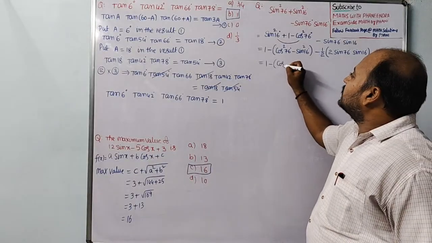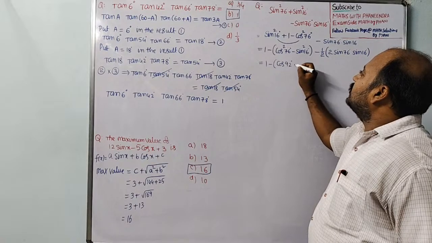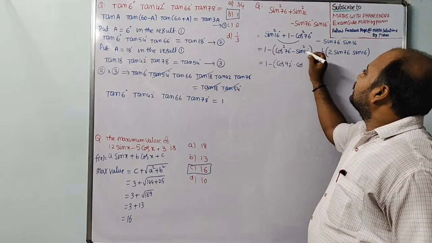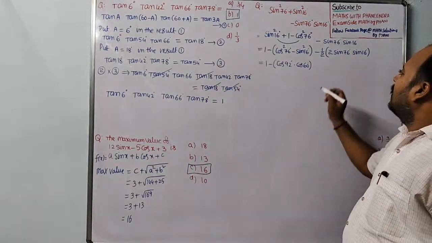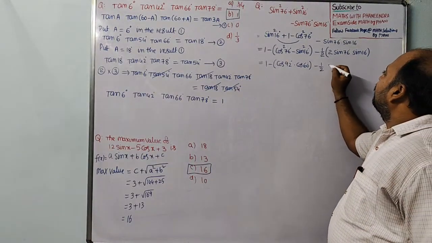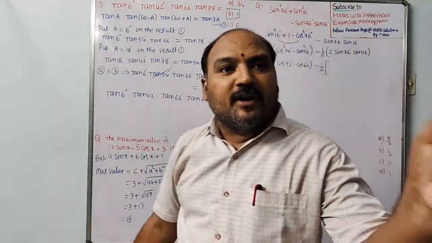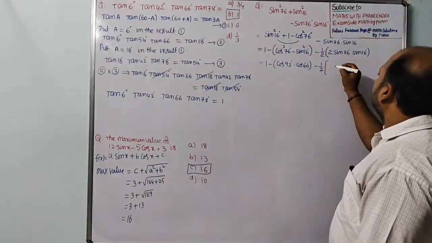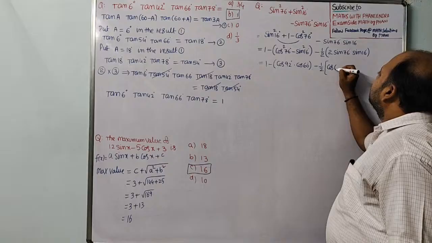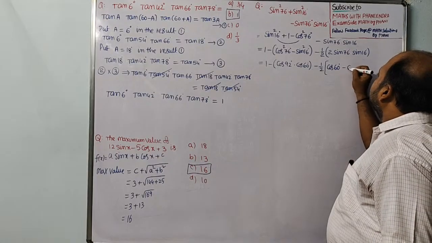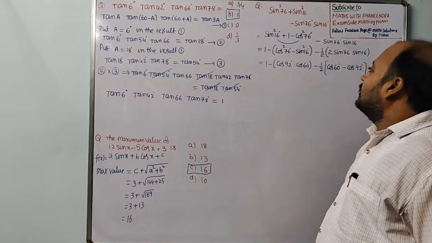Cos square A minus sin square B means cos of A plus B into cos of A minus B. So cos of A plus B, 76 plus 16, is cos 92, into cos of 76 minus 16, 60 degrees. This bracket value is over. Minus 1 by 2. 2 sin A sin B means cos of A minus B minus cos of A plus B. Cos of A minus B, 76 minus 16, so 60 degrees, minus cos of 76 plus 16, which is cos 92.